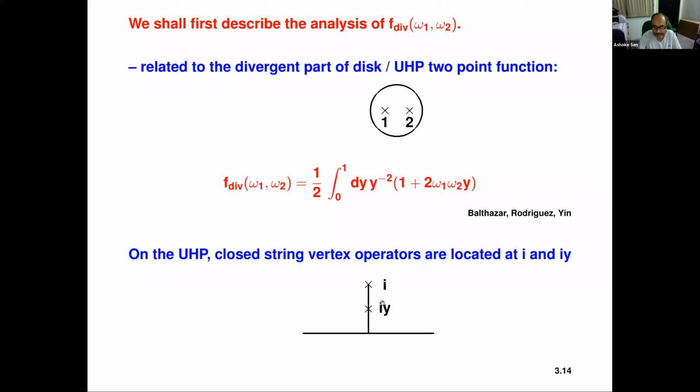You can fix the second one on the imaginary axis, so you label it by IY. So you take the first one at I, the second one at IY, and that is the interpretation of the Y that appears here. As Y goes to 0, the divergence here is the divergence that you get when this closed string tachyon vertex operator approaches the real axis.